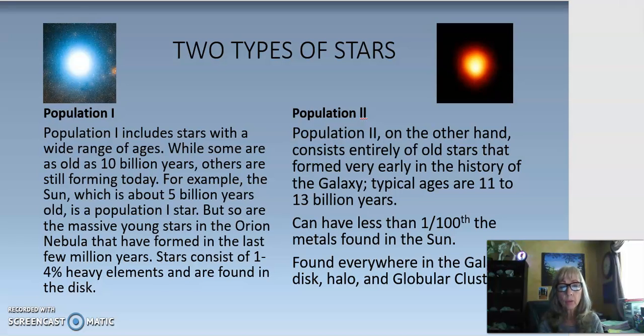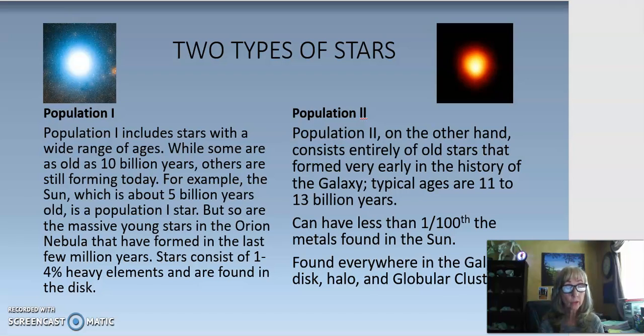So the clue between these two types of stars is how many heavy elements are in them, or what we call metals. And anything more than hydrogen and helium we call a metal in this context. So the population 1 stars are younger. They have inherited metals from exploded older stars, so they have heavy elements in them and can form planets.